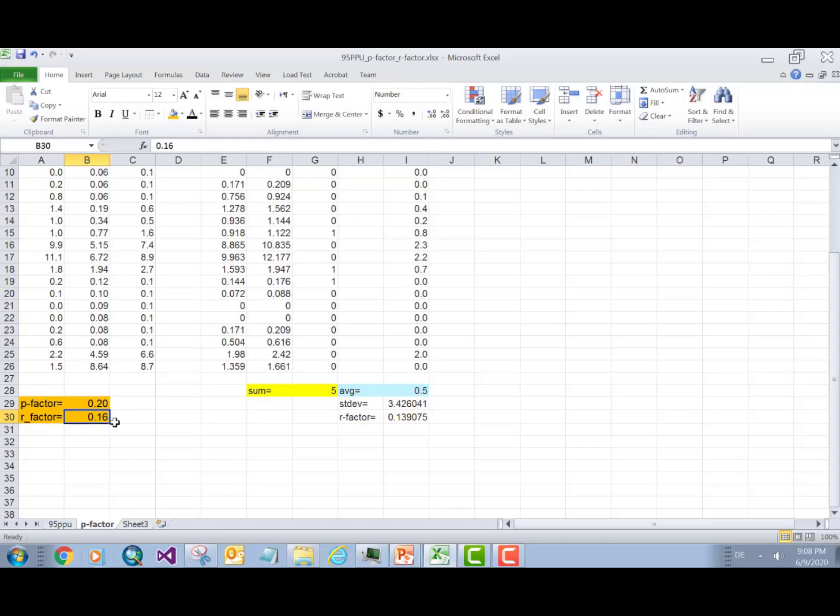Should be 0.14, right? So I have a mistake here. So it would be 0.14. Standard deviation divided by that, okay, 0.14 is my r-factor. So that's how we calculate p-factor, r-factor and 95 PPU.